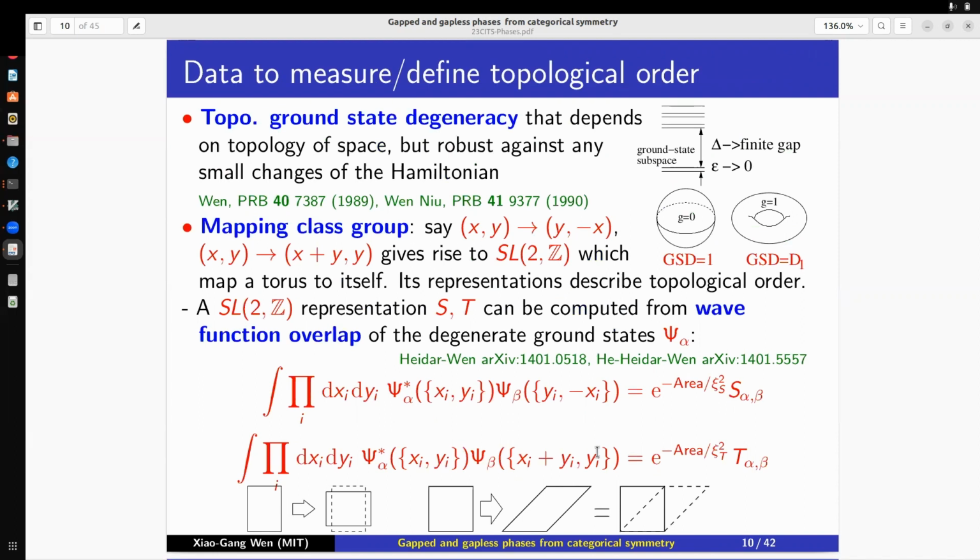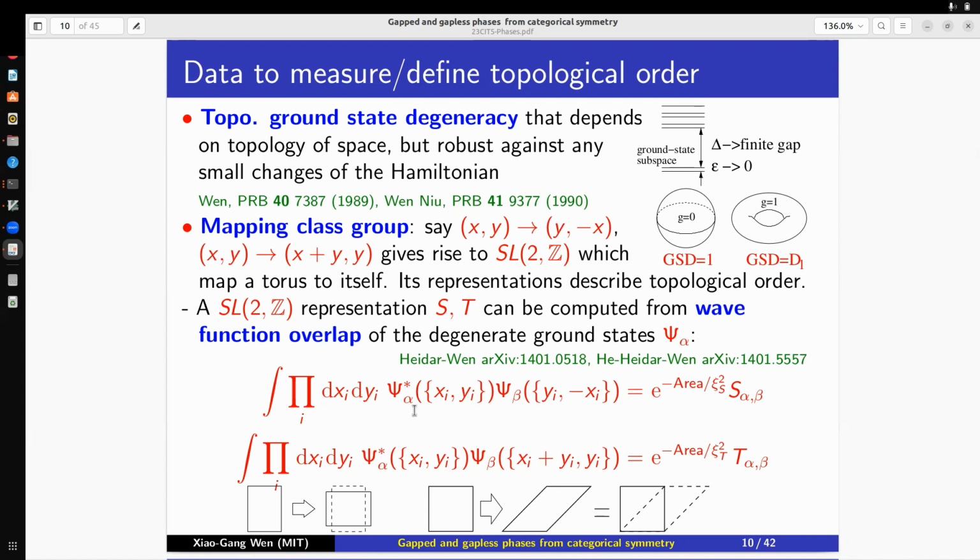So the data to define topological order, to measure topological order, at least theoretically, is like a wave function overlap. We consider a topological order in 2+1 dimensions, say on the torus. The ground state wave functions are labeled by this alpha.